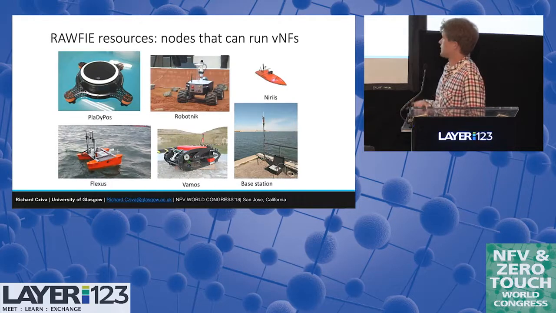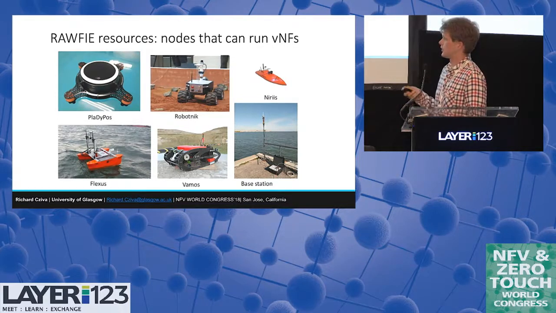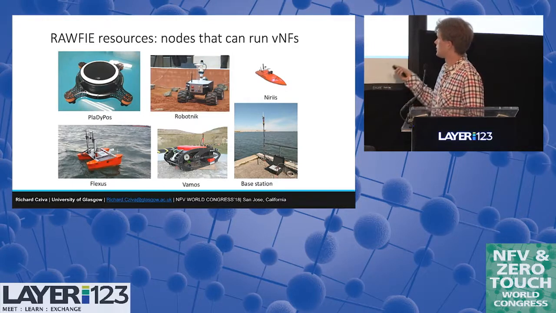This is the project itself, and these are devices that are part of this platform. So these are part of this ROFI platform, and they generally have a Raspberry Pi or similar device. They run Linux, and they have different communication between each of them. For example, this boat could communicate with, I guess, this boat.